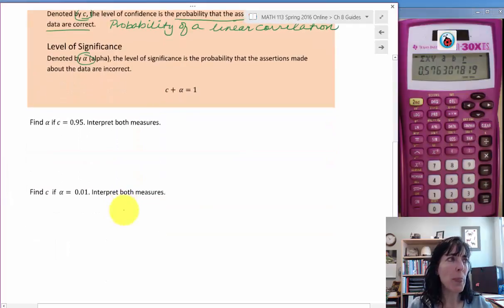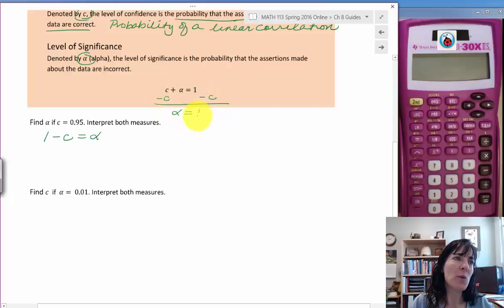So let's interpret. Find alpha if C is 0.95. We can do 1 minus C equals alpha. Because we can take this equation, C plus alpha equals 1, and subtract C from both sides of it, and we get alpha equals 1 minus C. That's one version.